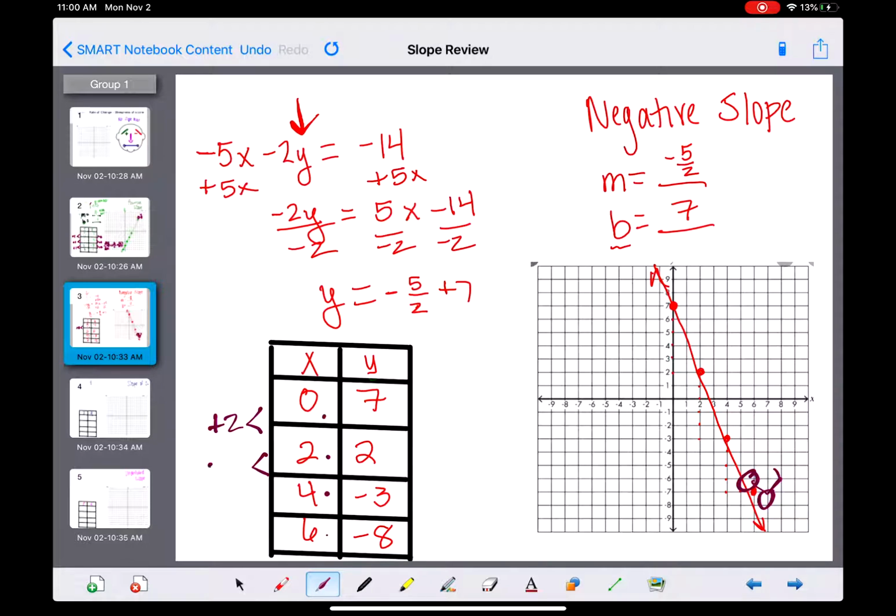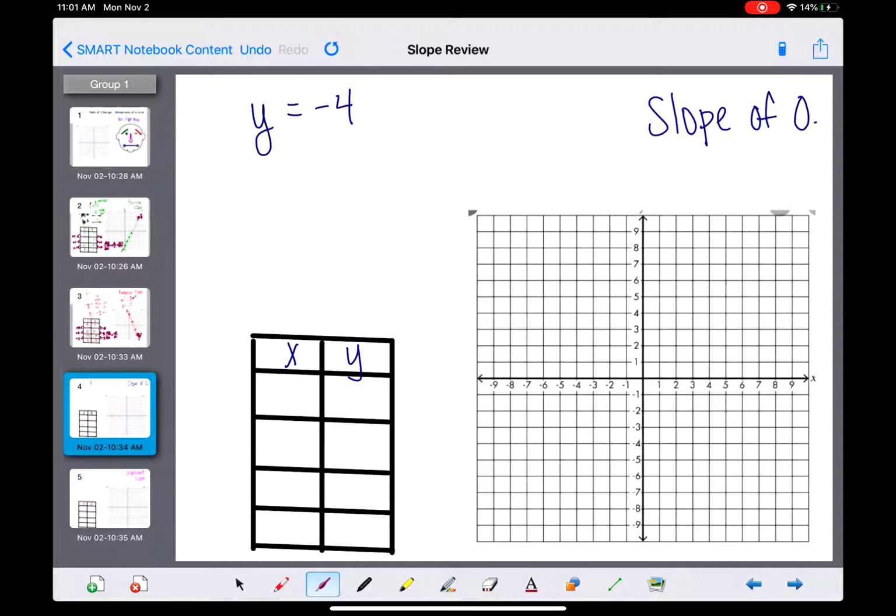Every single time I look between my x's, I have an addition of 2. With my y's, I am subtracting 5. So my change in y over change in x, or my slope, is negative 5 over 2, which once again matches my slope.